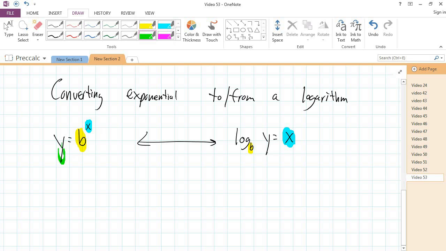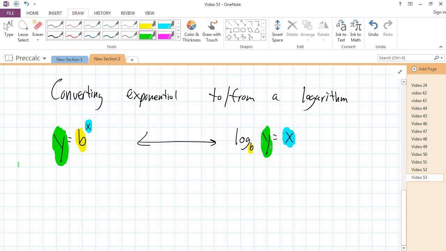And then our answer, our output, when it's an exponential, is our input to the logarithm. It's what we hand to the logarithm to get an answer from. Okay, and with this relationship, we can actually start to compute different logarithms.